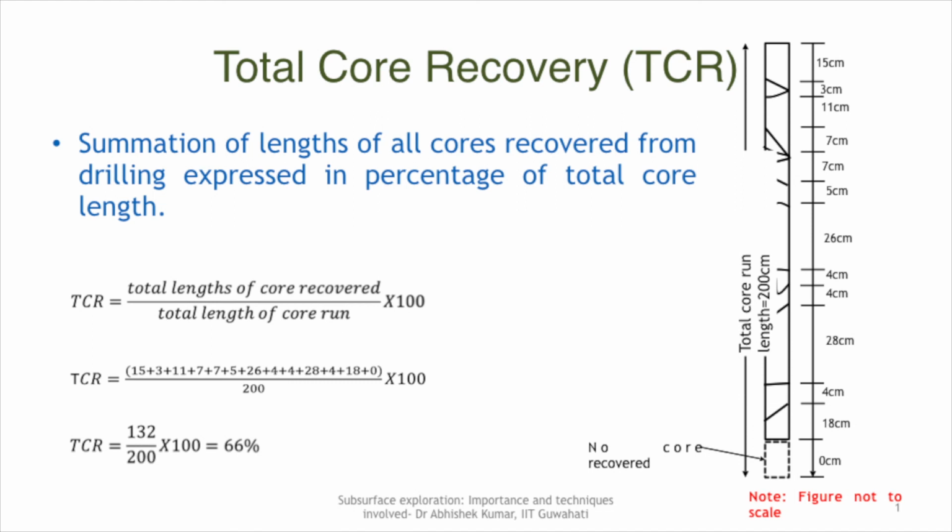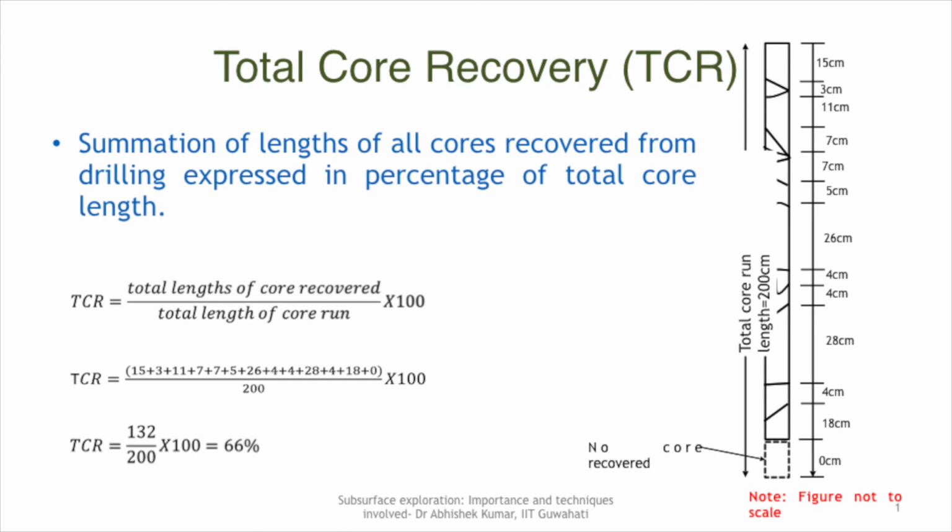It may be possible you put your barrel down, but you may not find any kind of core, or it is too weathered rock which may not be available once you bring it to the surface. So no core recovered, that will affect the total core recovery. You have different segments, but here in the lowermost segment there is no recovery.